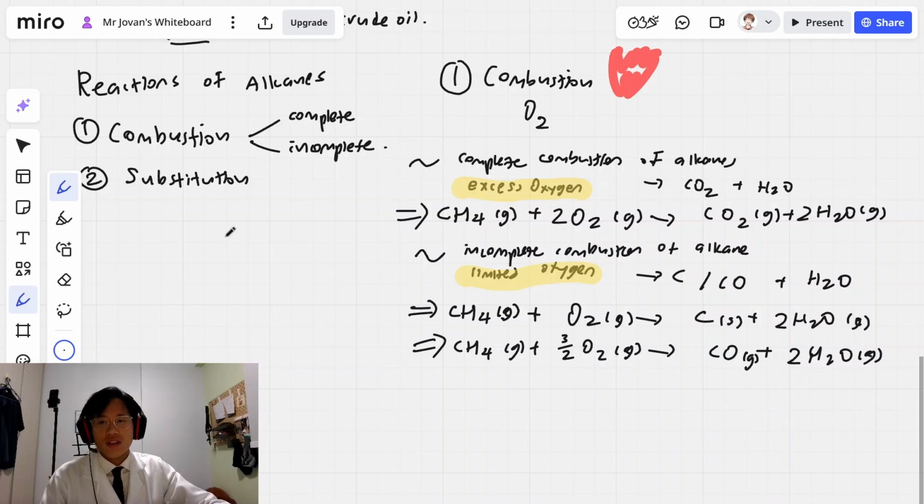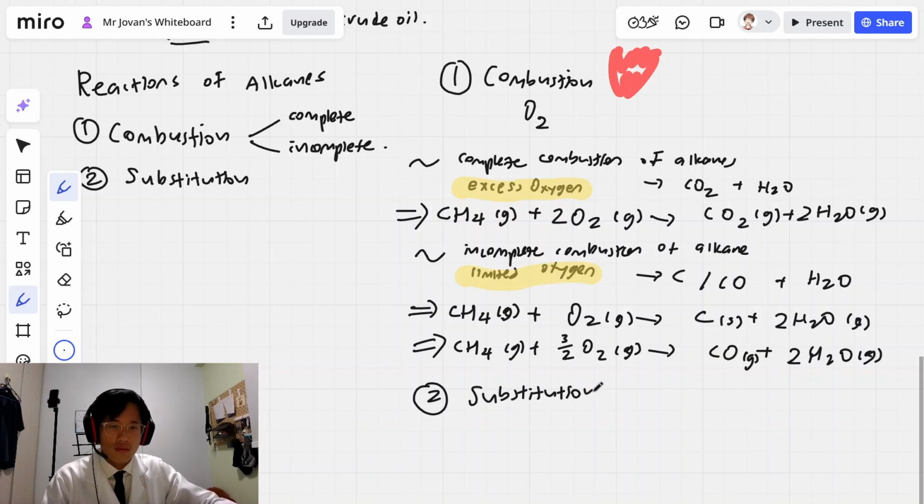Now, the next reaction is substitution. Alkanes undergo substitution reactions with reactive halogens in the presence of UV light. So what are halogens? If you recall, halogens are group 17, for example, Cl2.